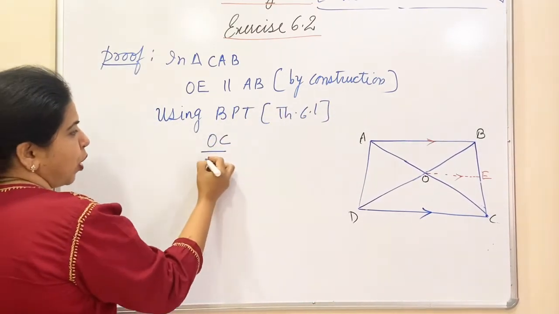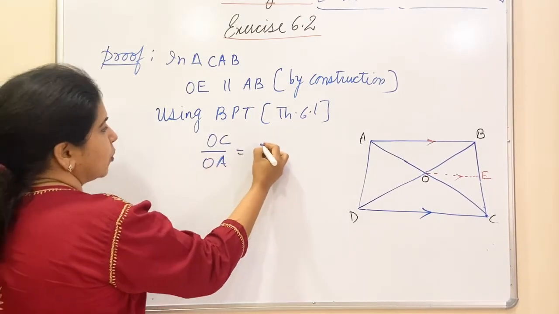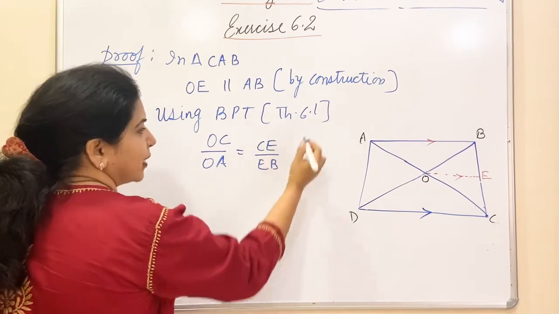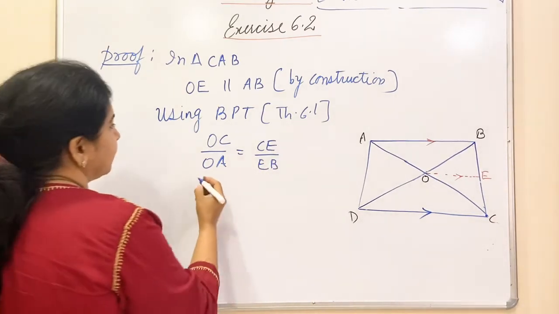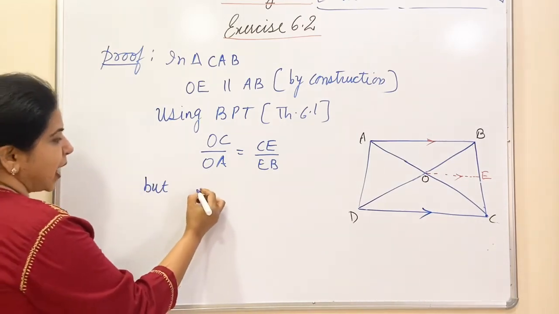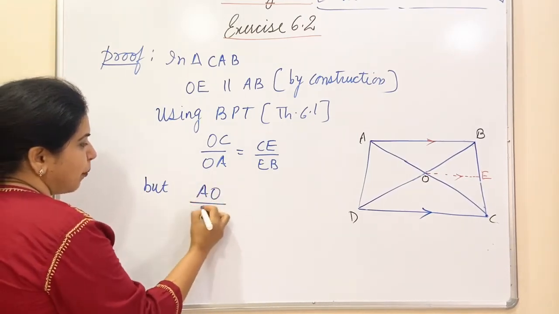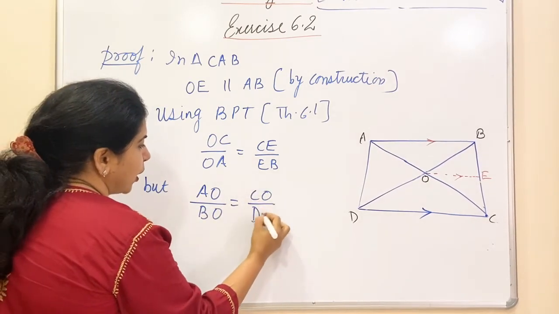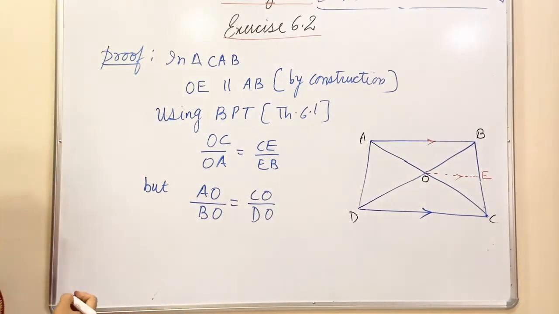OC upon OA is equal to CE upon EB by theorem 6.1. But here in the question, it is given that AO upon BO is equal to CO upon OD. Okay.